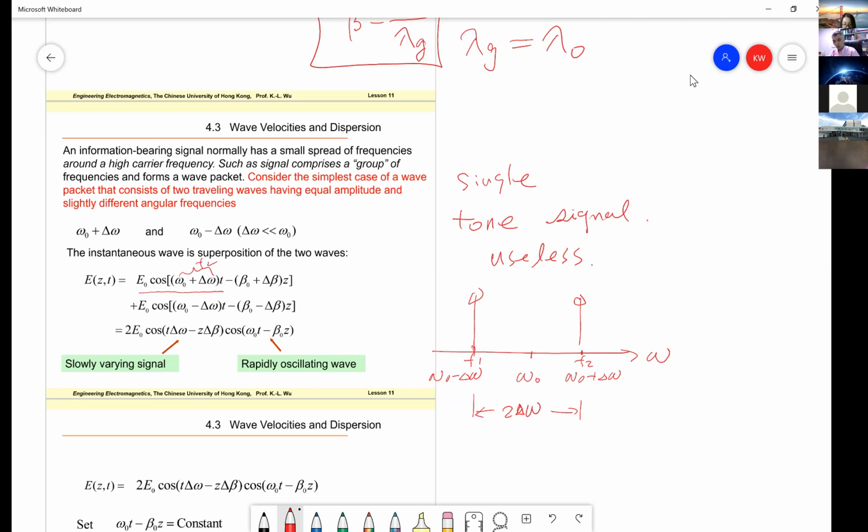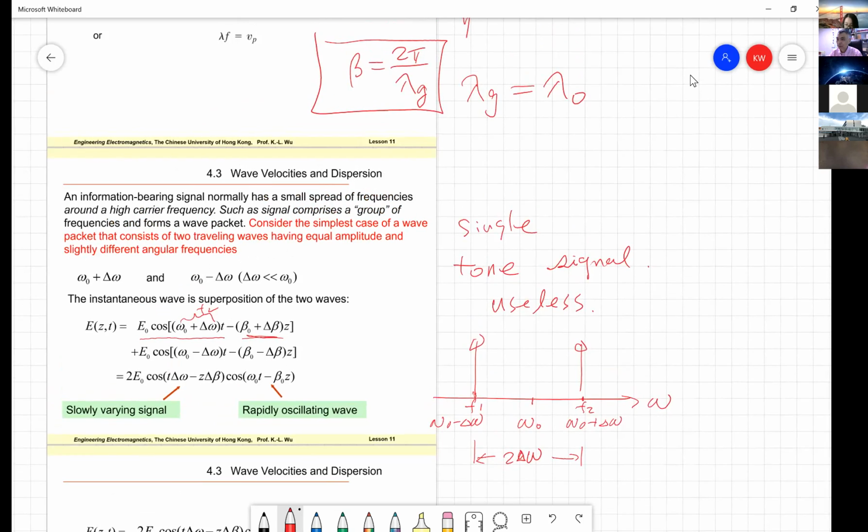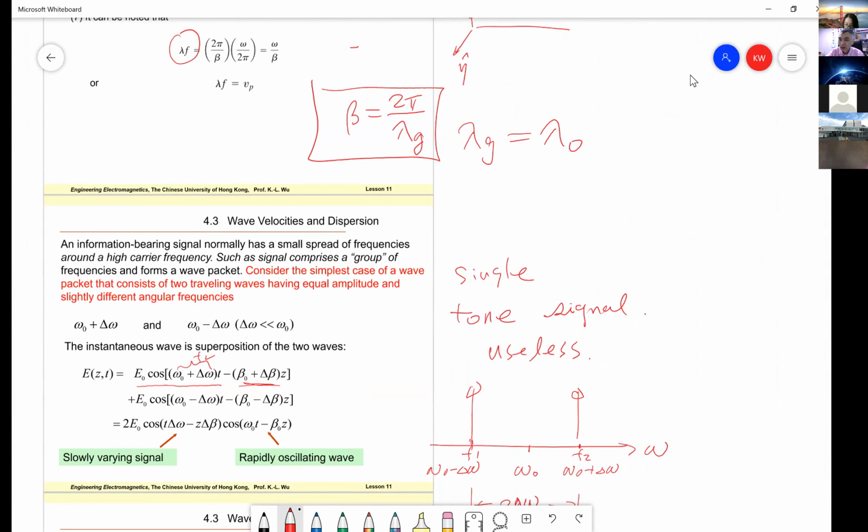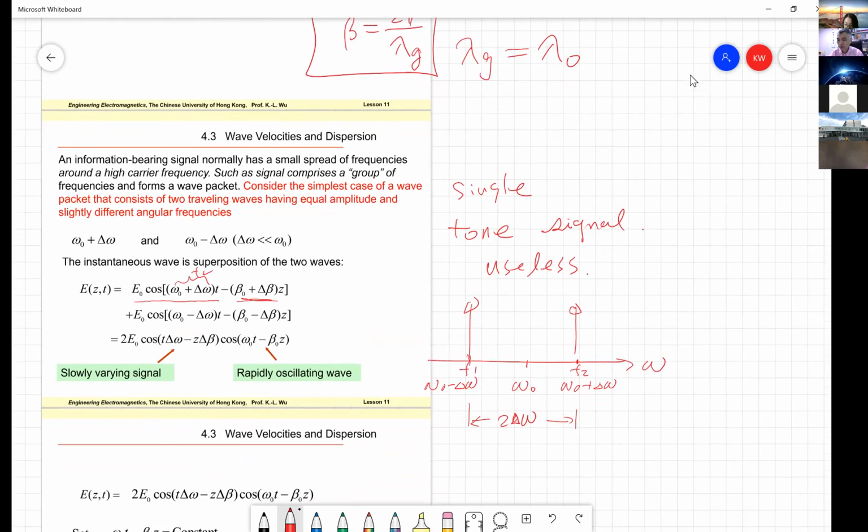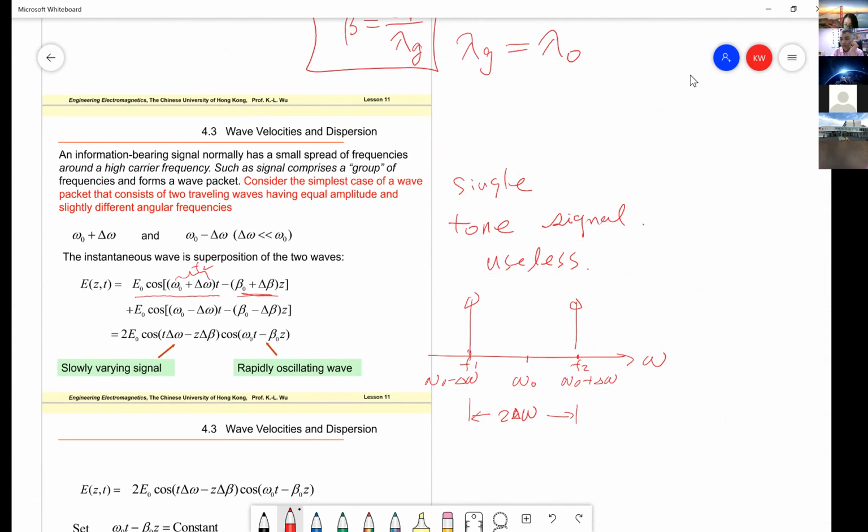When the frequency increases, the beta also increases accordingly, because beta is related to the frequency, related to the wavelength. This is the first signal, signal 1.